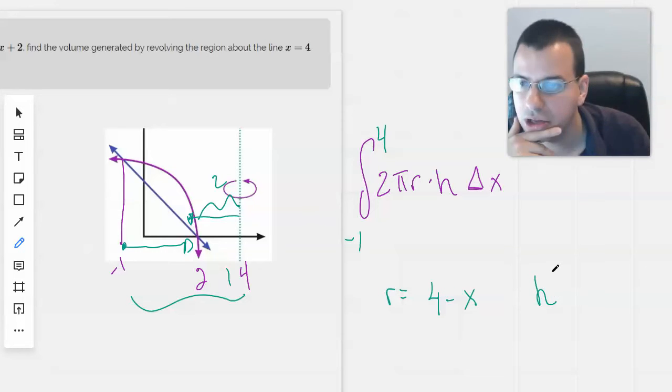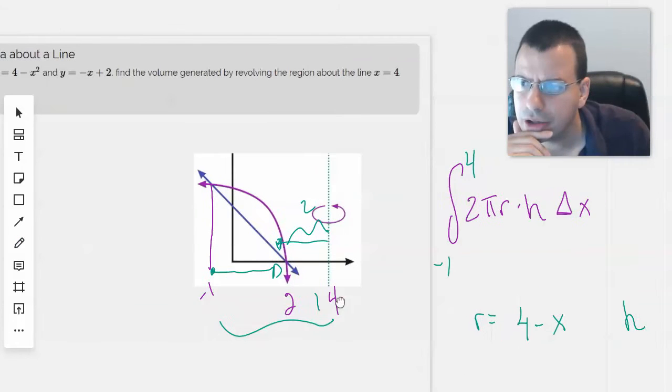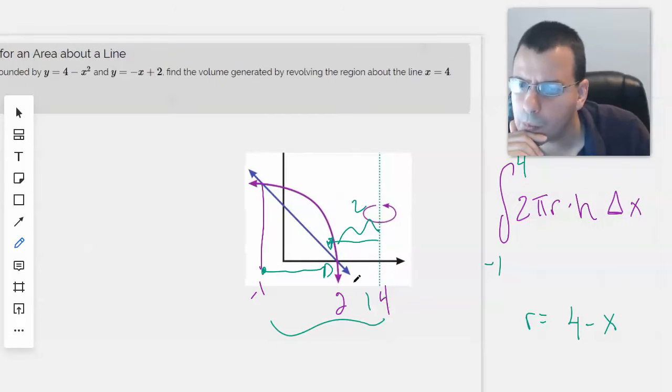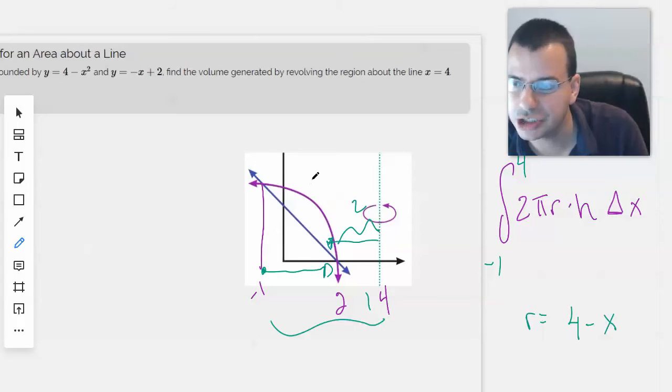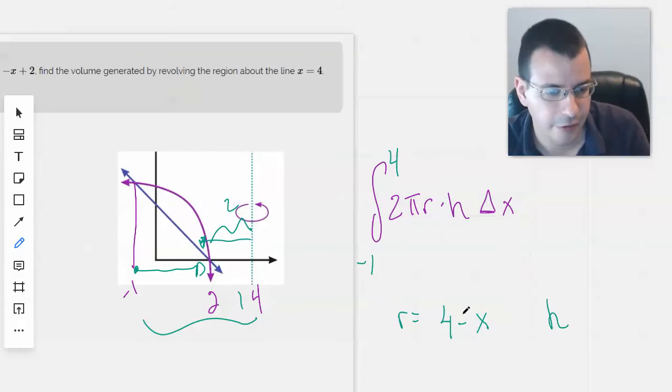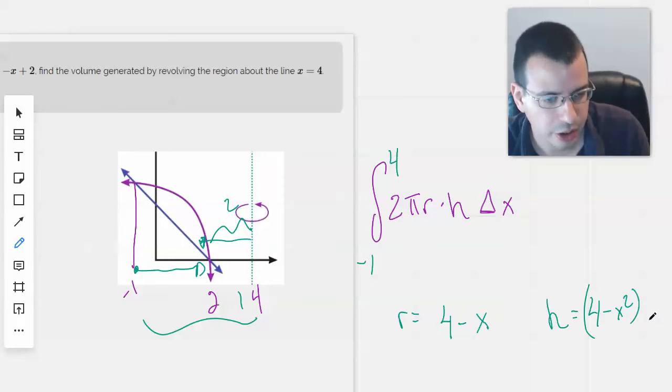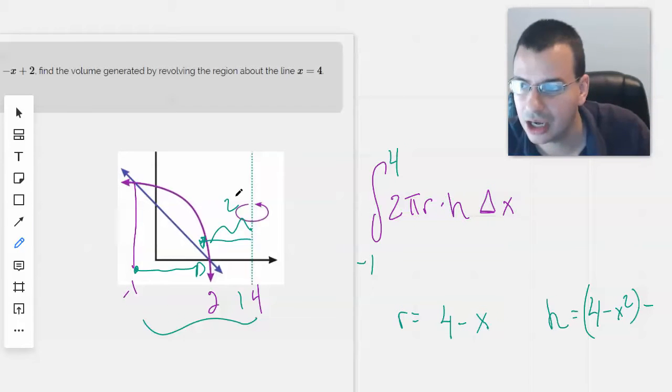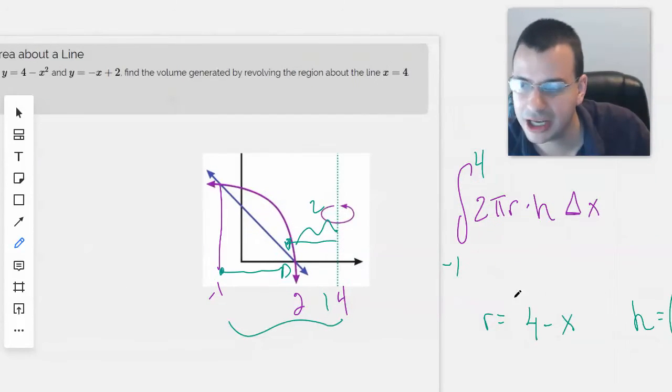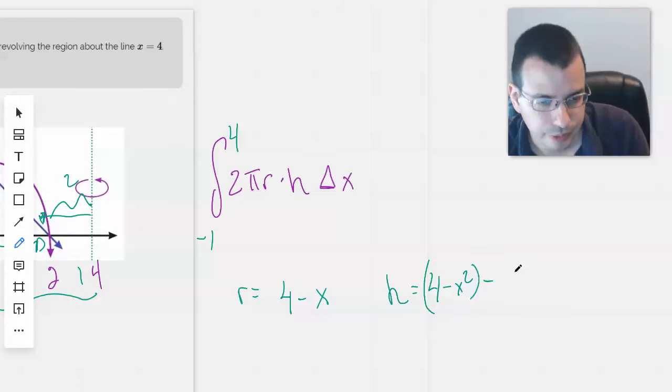H then will be, so this is 4 minus x squared. So h would equal 4 minus x squared minus the line, which would be minus x plus 2. So minus x plus 2. We'll distribute the negative sign.